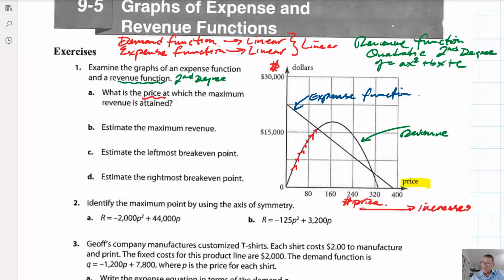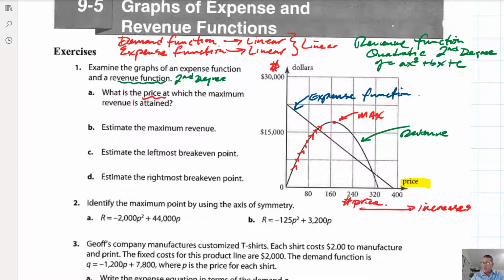And that point that we need to find happens to be right at the top of the curve, which we call the maximum. So this is called a max. Every downward-facing parabola has a max. Every upward-facing parabola has a minimum. But in the case of the revenue function, these functions are always quadratic, number one, and they're always downward-facing, number two, because there's always a maximum revenue, which occurs at a certain price.